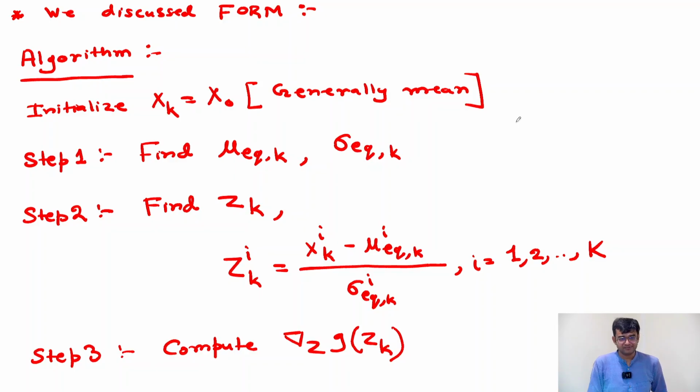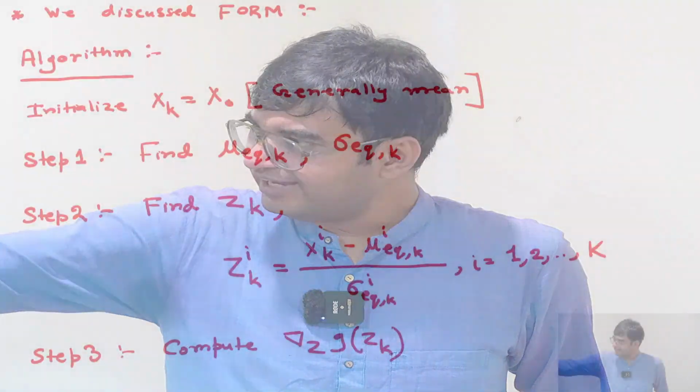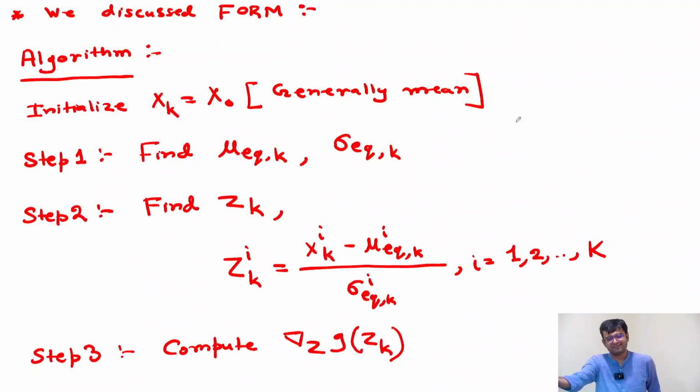Why this transformation? I am doing each variable at a time. Where is the covariance term there? If it is correlated, then xk1 and xk2 will be dependent. So that information should come somewhere. Covariance. Do you see that covariance? I am talking about a normalization of xk1 and xk2. But if they are correlated, what happens to z?